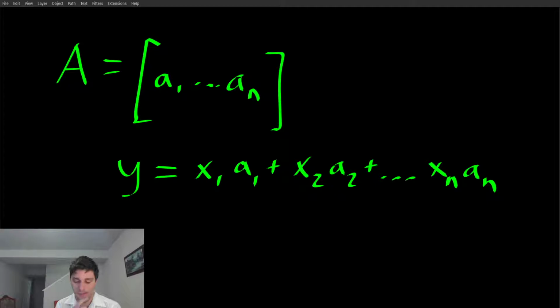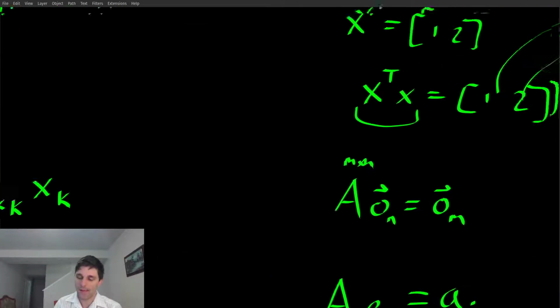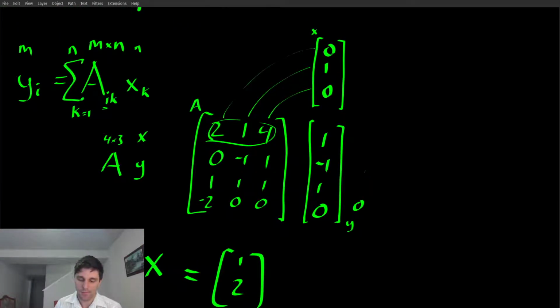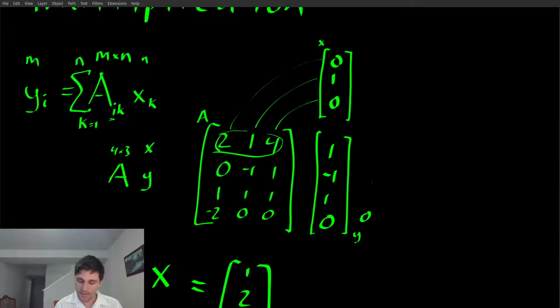So, going back up here, another way to think about this whole thing: before, I was thinking about it as a sequence of inner products of each row.